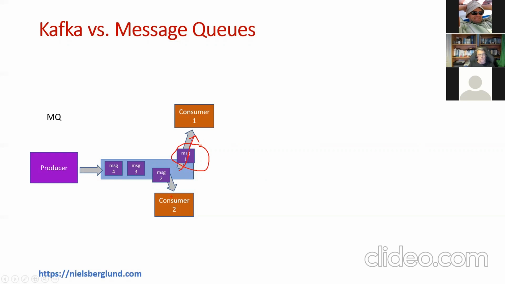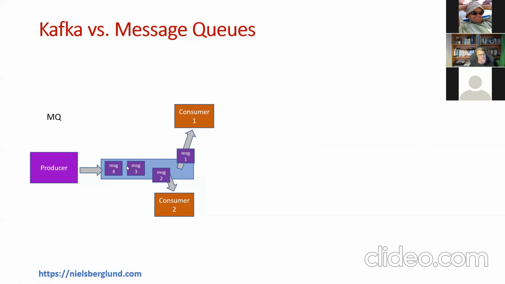Consumer 2 reads a message and may get message 2. Consumer 1 continues reading, he will get message 3, etc. And that means that on a given queue, I can only have one consumer. Otherwise, I would miss messages.